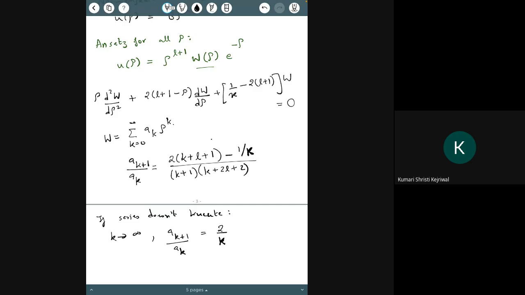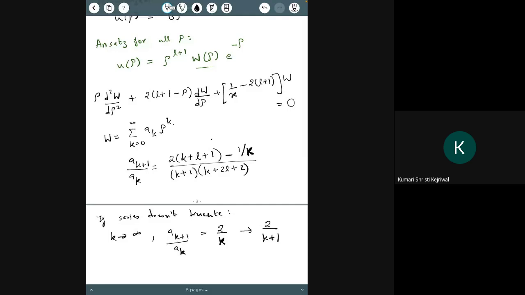Now, the form 2 by k does not directly give me a functional form, so this recursion doesn't correspond to some function of k. I mean, I cannot write a_k as a function of k if a(k+1) by a(k) is equal to 2 by k. But if I write it as 2 by k plus 1, I know a functional form.